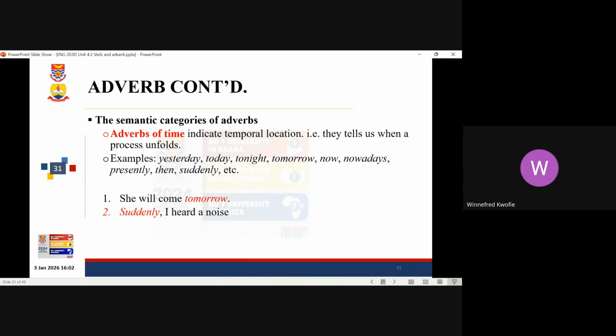Then, in terms of categorizing them semantically, we can talk of various forms of adverbs, such as adverbs of time, place, manner, frequency, and so on. So an adverb of time indicates the time that the process took place, or it indicates temporal location.